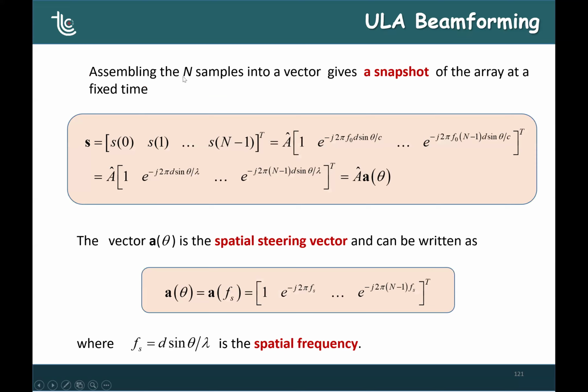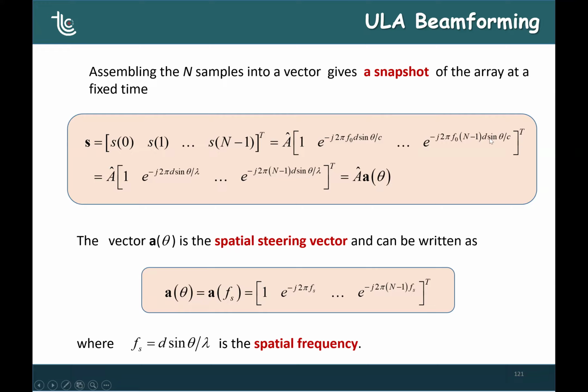Now we assemble all the n samples on each element of the antenna, and we call it snapshot. So the snapshot is a kind of photograph, the sampling at a specific time instant on all the elements of the antenna. So it is an n-dimensional vector: s0, s1, up to s n minus 1, okay? So we have this common element a hat, that is complex.